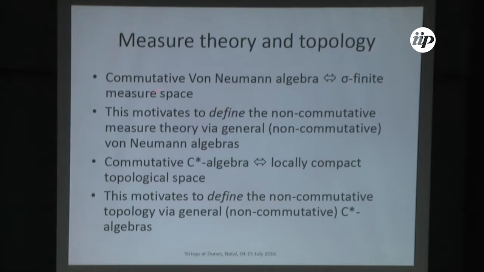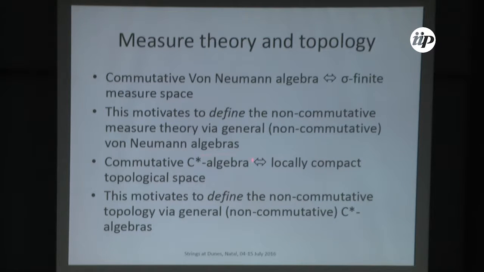So it immediately tells you that now I can define so-called non-commutative measure theory. I just abandon this word commutative and say that a non-commutative algebra defines for me some non-commutative measure theory. Of course, you have to say much more, but essentially the idea is that when the algebra becomes commutative, I have to recover my usual measure theory.